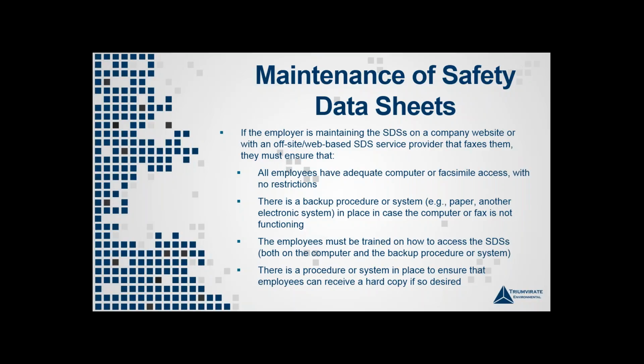No, it really says in here that anybody, if that's what you're expecting your employees to do, needs to know how to access it at any time if they need to. Okay, so then what do you do? You should have in your written program any type of procedure or system in place so that if somebody asks for a copy of the safety data sheet, you know how to do that. What is your system in order to do that?